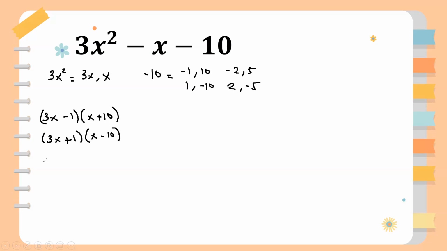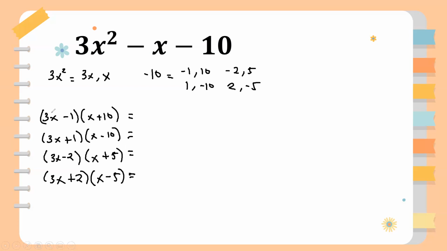Then ito naman, 3x minus 2 times the quantity of x plus 5. 3x plus 2 times the quantity of x minus 5. So, try natin ulit lahat. Let's use the FOIL method para makuha na natin.